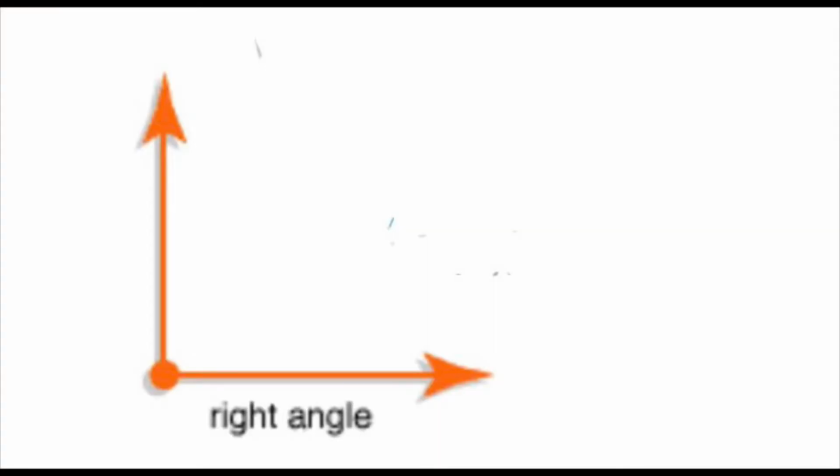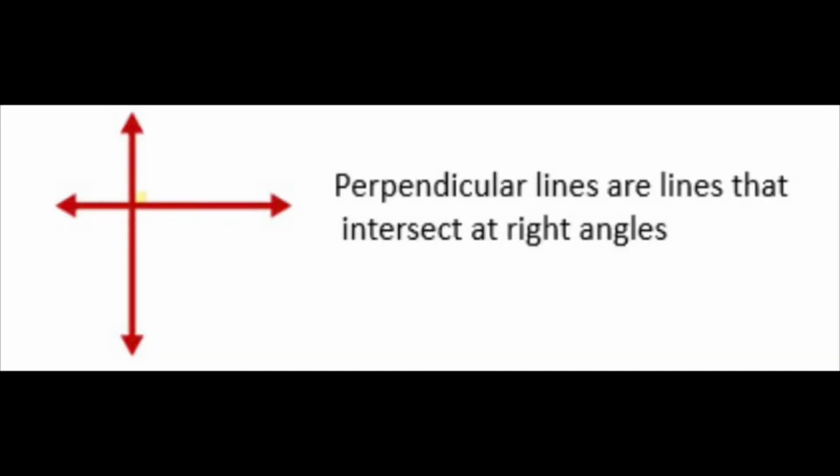And this is what a right angle looks like. When you look at 2 lines that cross, that intersect, for them to be perpendicular lines, they have to make a right angle. Like in this picture here. This is a perpendicular line, and as you can see, it makes a right angle.